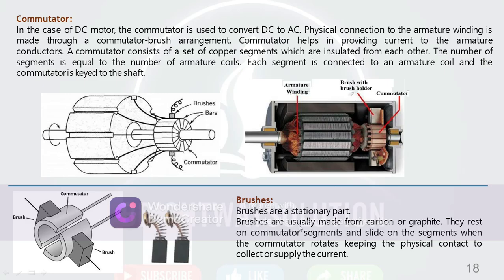Brushes are usually made from carbon or graphite. They rest on the commutator segments and slide on them as the commutator rotates, keeping physical contact to collect or supply the current.